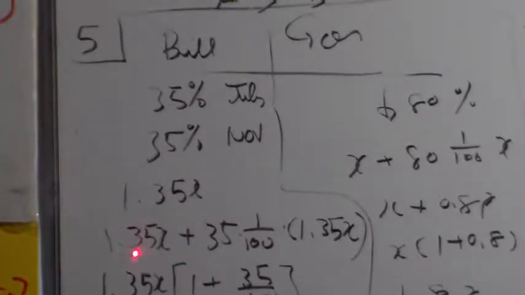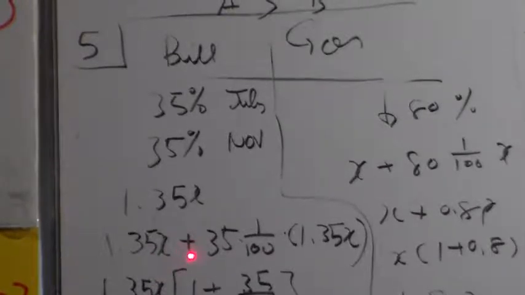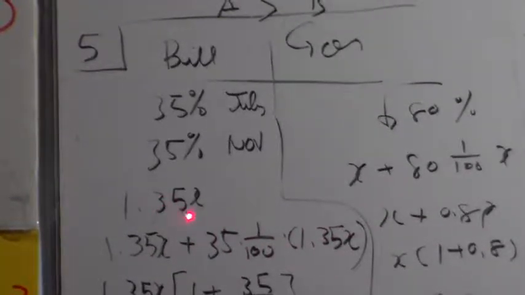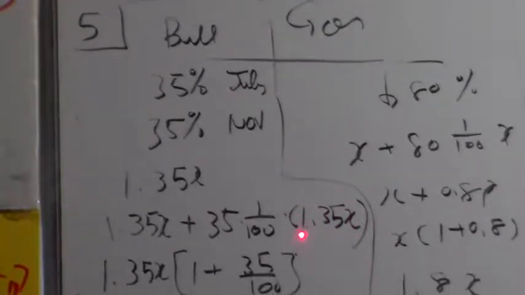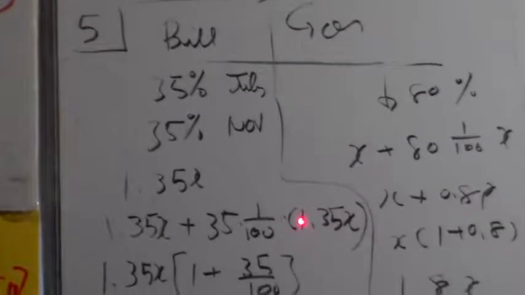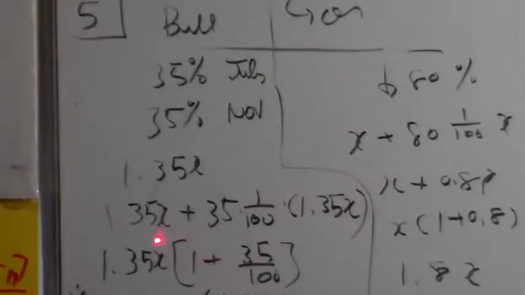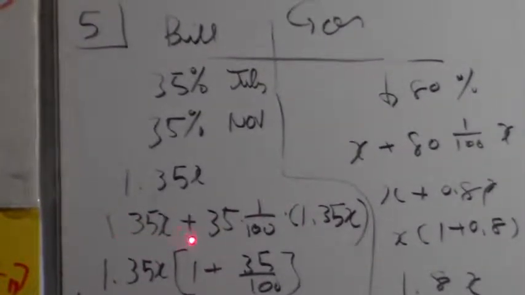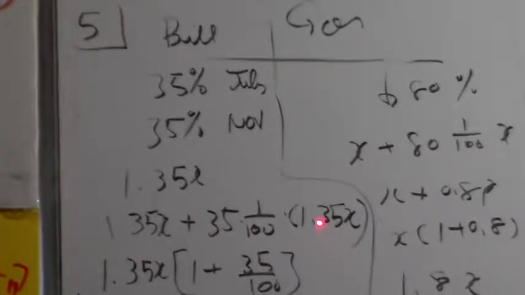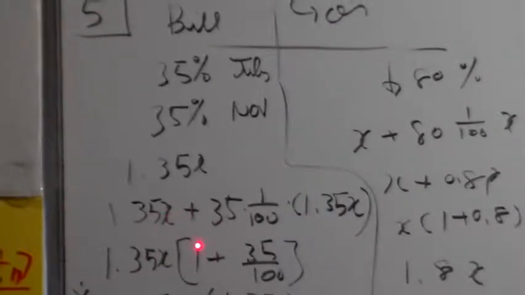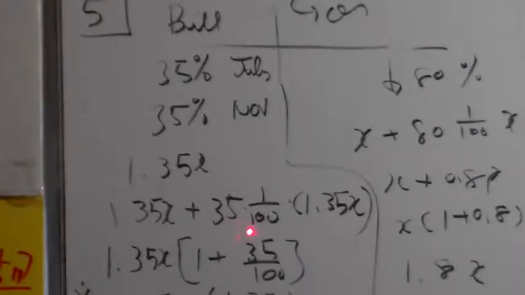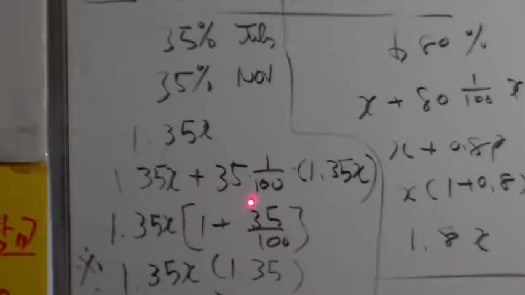So 1.35 plus 35% of this one. That's 1.35 times x. Yes, and make sure this is compound interest, very interesting. So the common factor is 1.35x. I'm gonna pull out the 1.35x. Then what is left over is 1 plus 35 over 100, right?